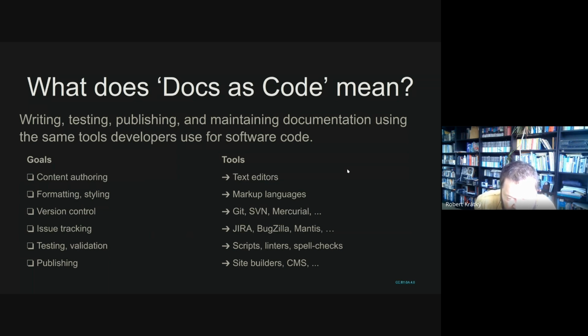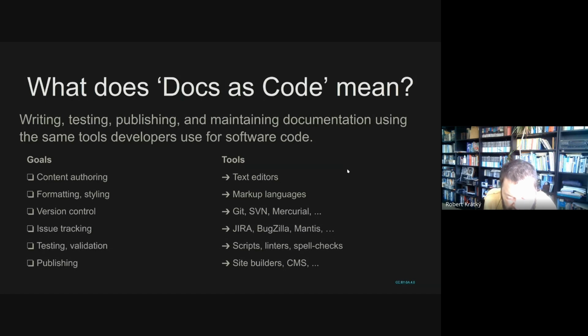And I try to align them here with what the tooling would look like, because probably the main difference in documentation as code, as opposed to some quote unquote traditional approaches to publishing documentation, is that just like with code development and the entire code lifecycle, it comes down to not using one monolithic system for the entire endeavor, but using specific tooling for individual steps of the entire journey.